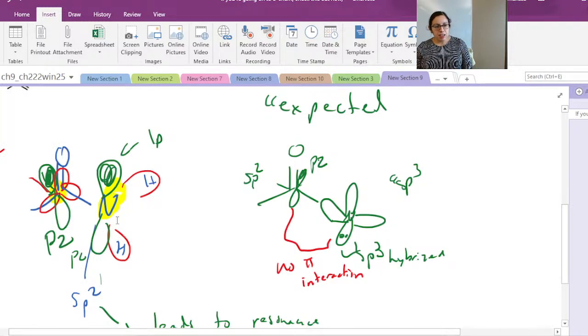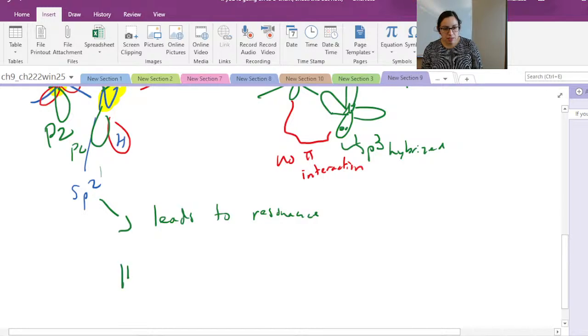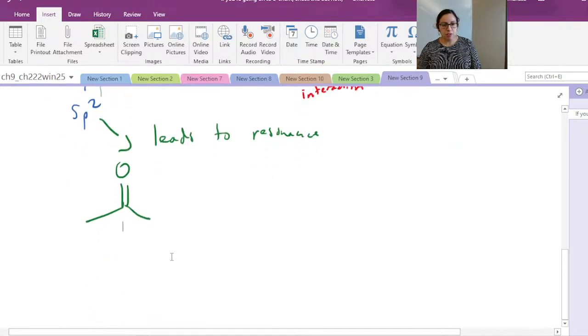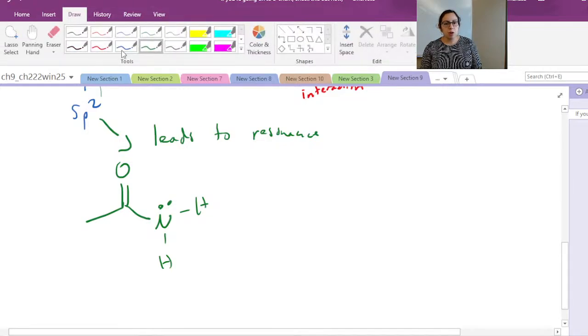Now they can interact. So what this means, and now we can draw this out, what's going to happen, or what can happen, is we can draw resonance structures where we can take this lone pair and actually make that bond.